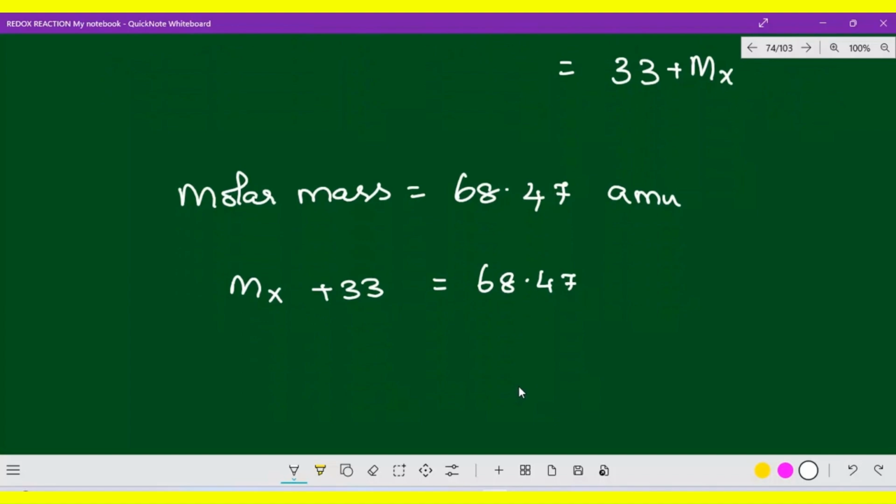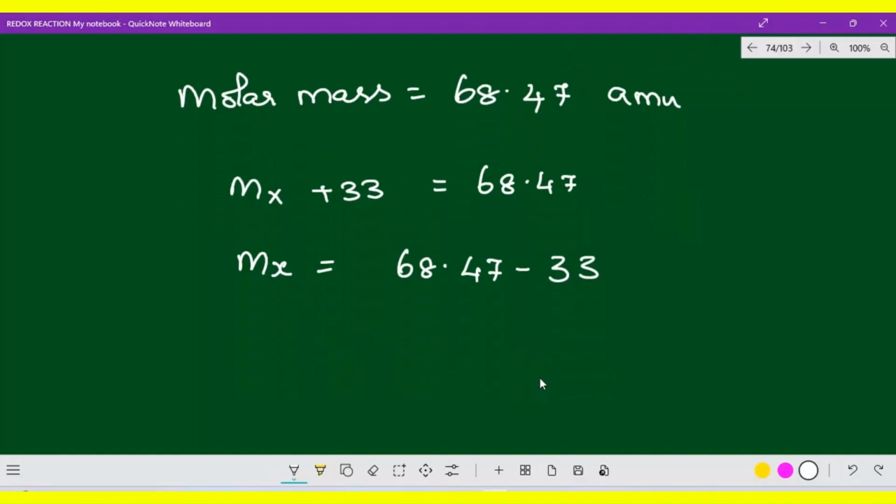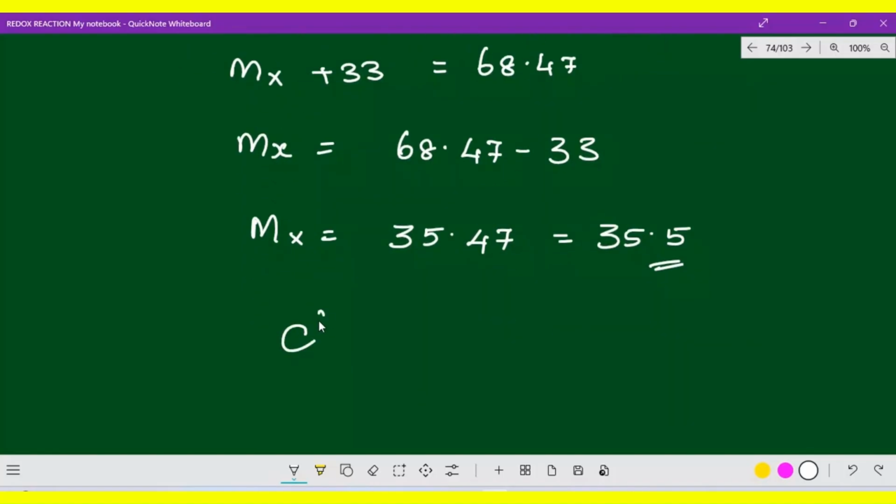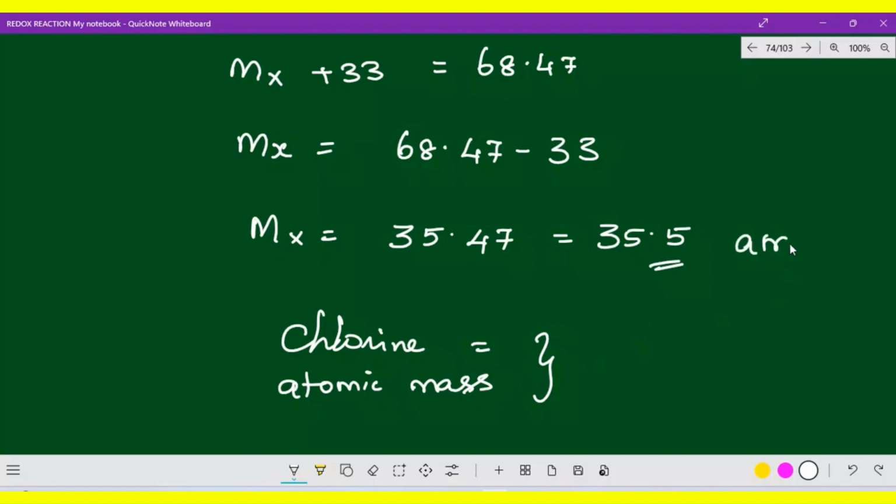So MX equals 68.47 minus 33. Now you will get MX equal to 35.47, which we can directly write as 35.5. So 35.5 is nothing but the atomic mass of chlorine, that is 35.5 AMU. In atomic mass there is no minus sign.